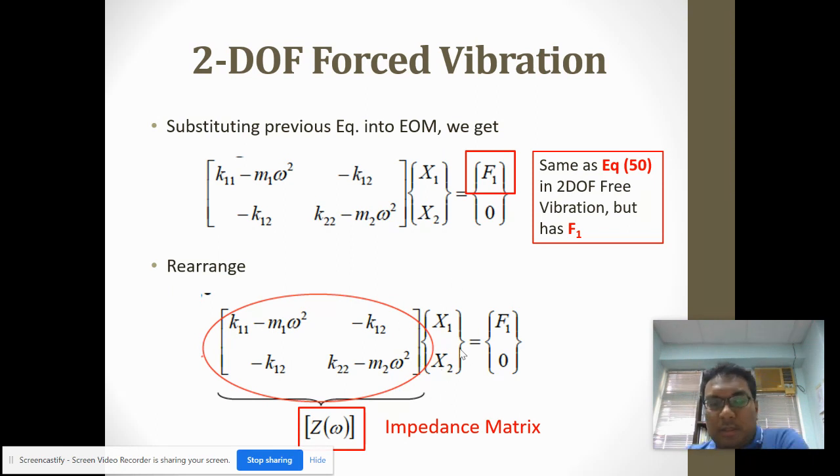Always remember that when it comes to the force, we always want to determine the response of the system. It is the same case as the first degree of freedom: when it comes to forced vibration, with an excitation force, we always want to determine the response.